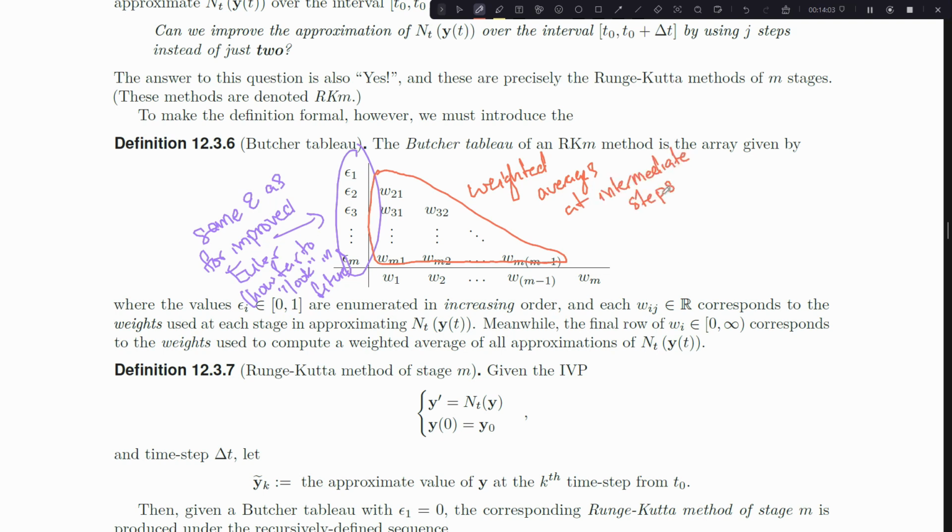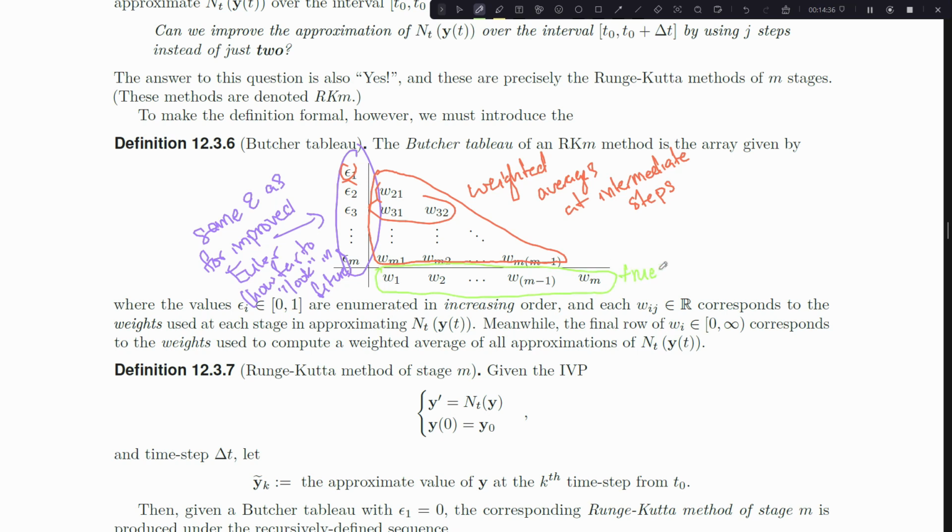Right, so the idea is that at each step I could actually compute a weighted average of the previous steps. So that's why you start with only one weighted average of the epsilon 1 step, then you can have up to 2 weights on the epsilon 2 steps because it considers the 2 and the 1, and then so on. And you consider weighted averages of each previous step as you compute this, and then finally the bottom row is the true weighted average for the actual time step forward.